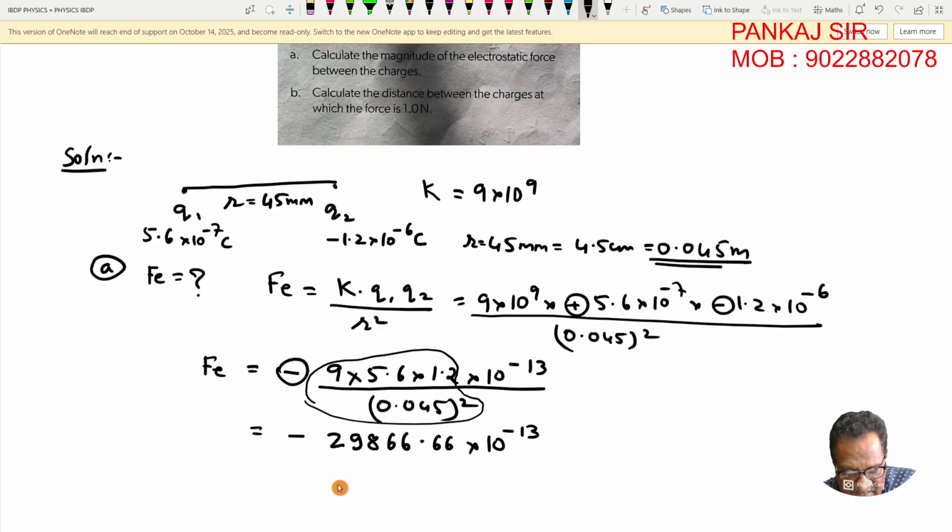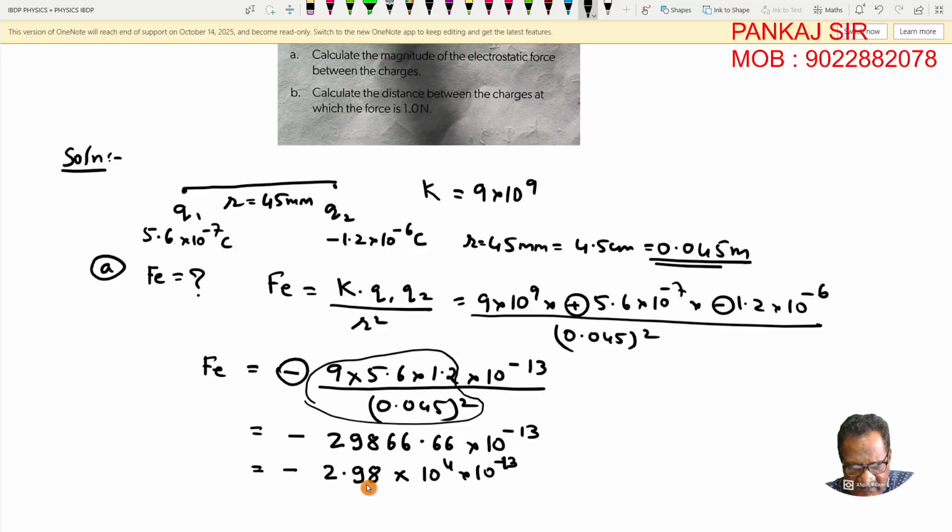Okay. Now what I'll do, I'll try to bring it in scientific notation form. That is the decimal, I'll try to bring it over here. So minus, suppose I want to make it 2.98. So decimal I have to shift 1, 2, 3 and 4 places. So 10 raised to 4 into 10 raised to minus 30.